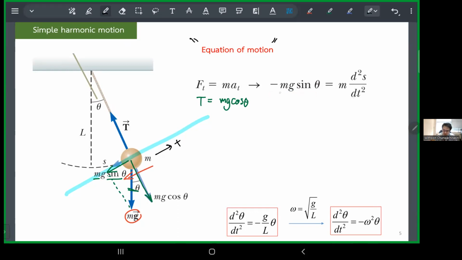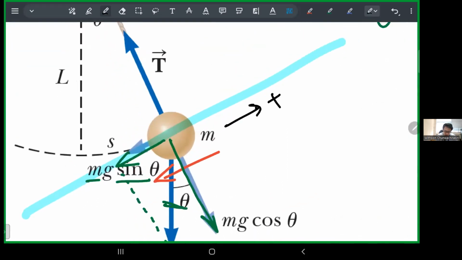So sigma F is negative mg sine theta, equal to m times acceleration. But because this movement is along the circumference of a circle, it's just a tangential displacement. Instead of calling it x, let's call it s. It's just a path along the curve. That's fine.